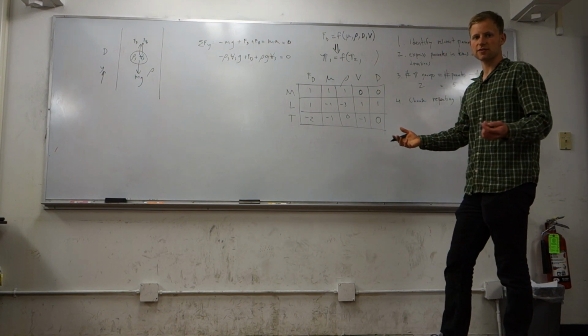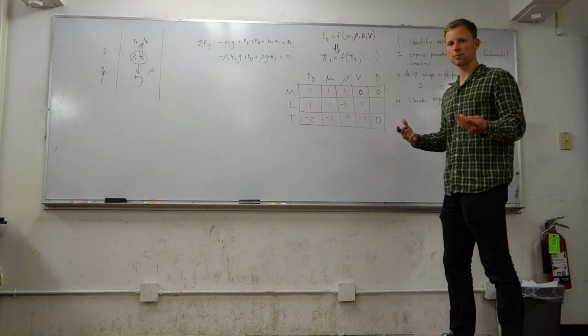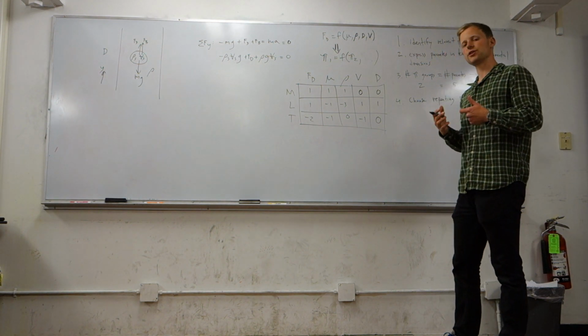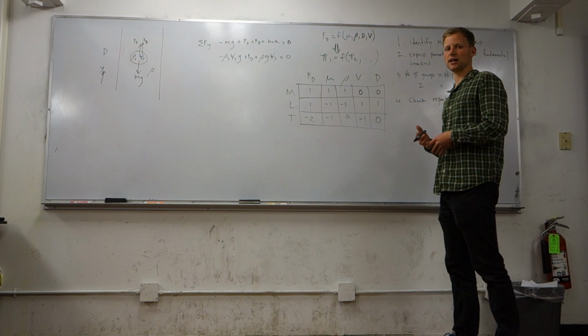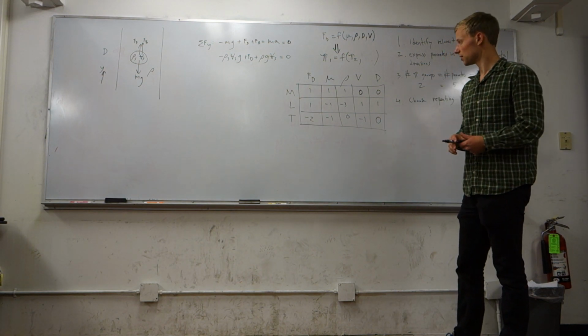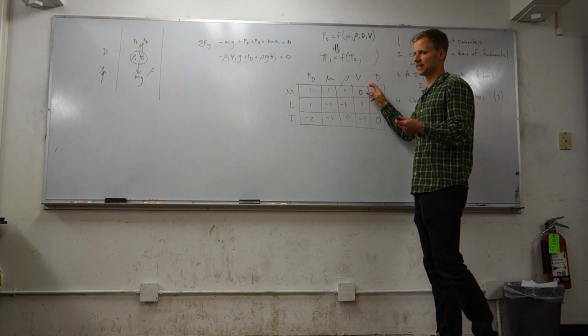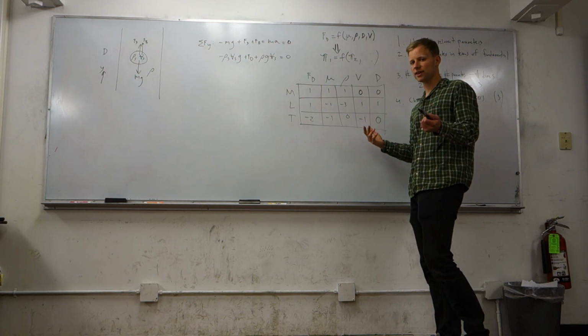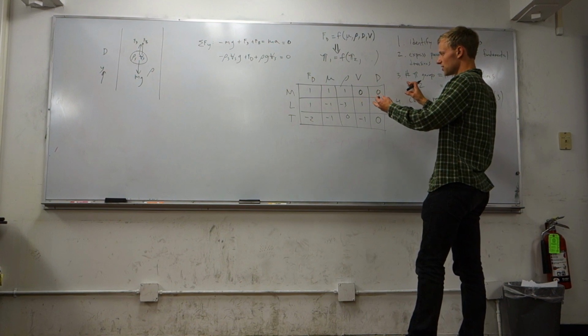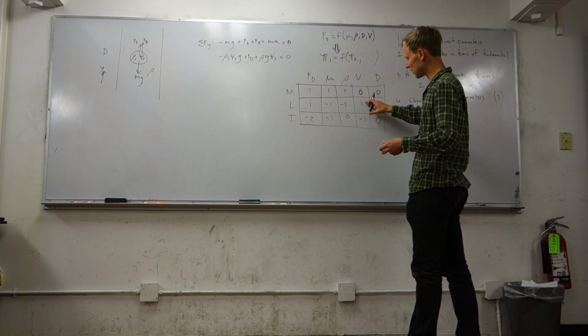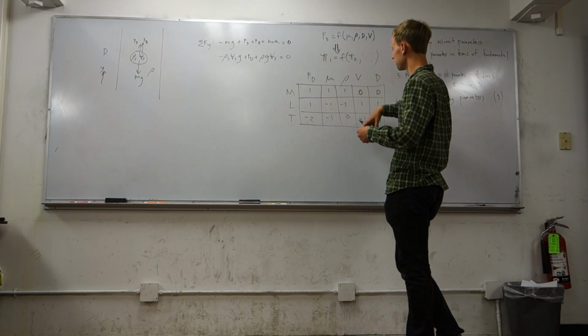And as a good choice of repeating parameters, if you know a certain pi group, such as Reynolds number, you can choose parameters that are in that pi group because that will make your life a little bit easier in deriving that pi group. So I'm going to use rho, v, and d because Reynolds number is rho v d over mu, and that's a good choice. So you could choose other ones too as long as they span all the dimensions of mass, length, and time.